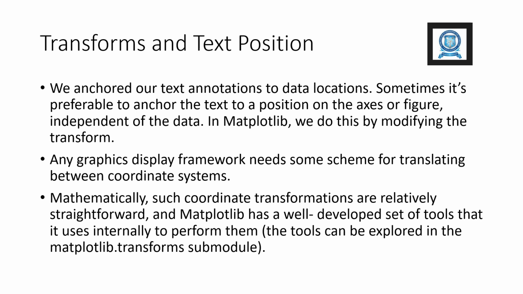Mathematically, such coordinate transformations are relatively straightforward, and Matplotlib has a well-developed set of tools that it uses internally to perform them. The tools can be explored in the matplotlib.transforms submodule.